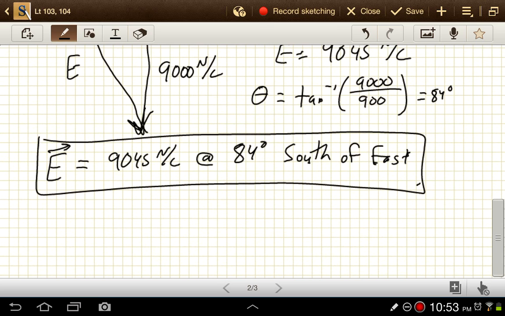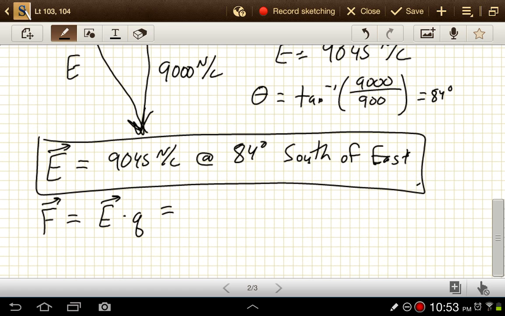The next part just says we need to now be able to take this electric field and figure out what the electric force would be. Well, force is just equal to the electric field times the charge.